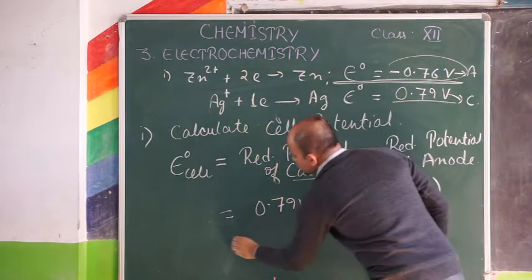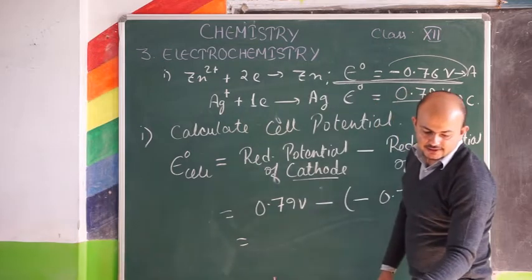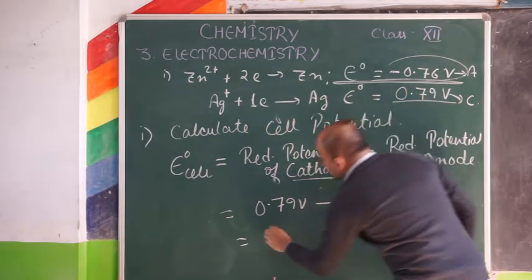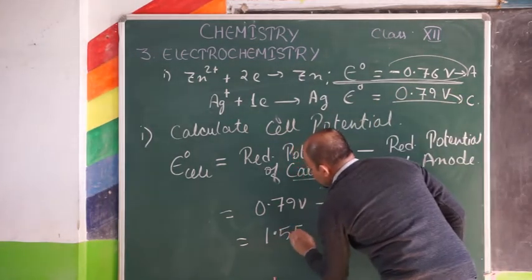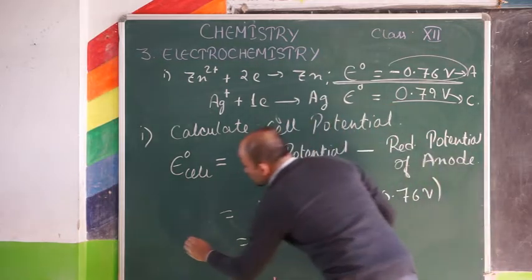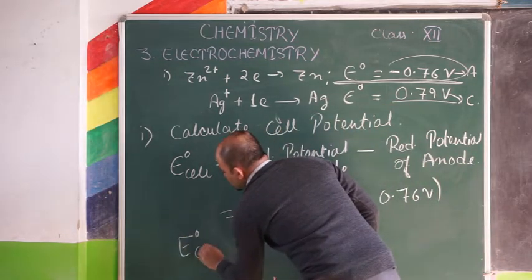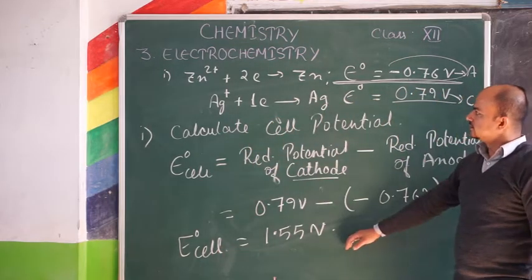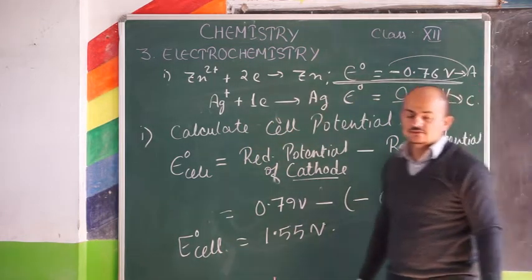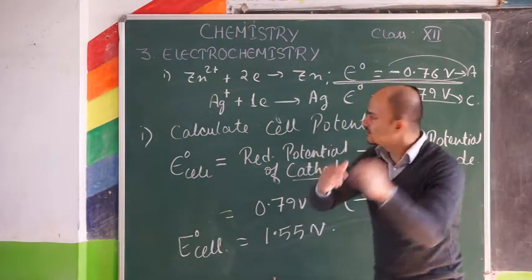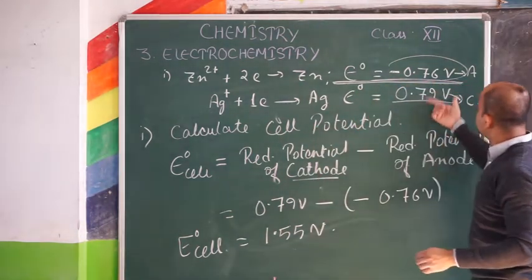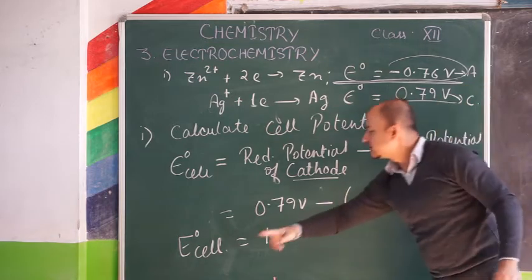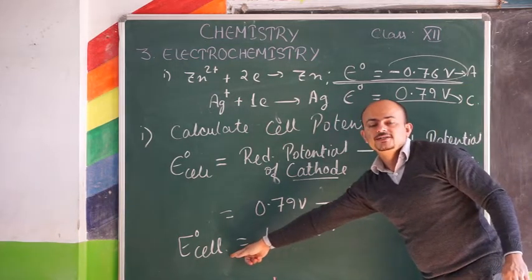So if you calculate it, you get a value of 1.55 volt. So you got the cell potential by making use of what? The electrochemical series. From the electrochemical series, you got these values, and by looking at these values, you will be able to get the potential of the cell.